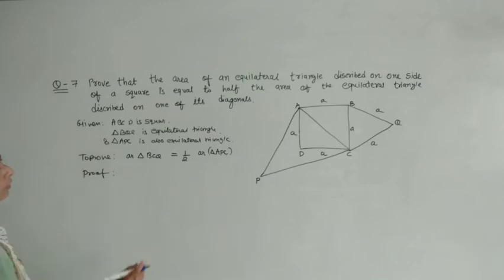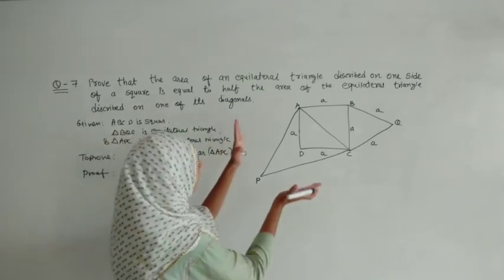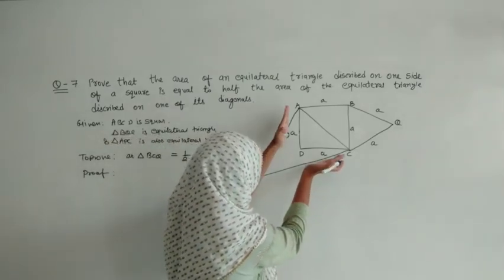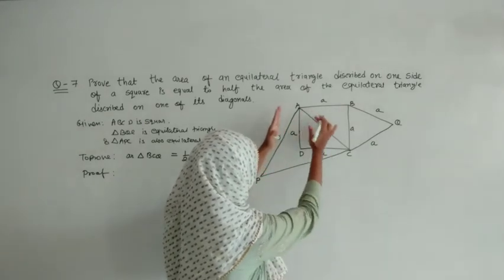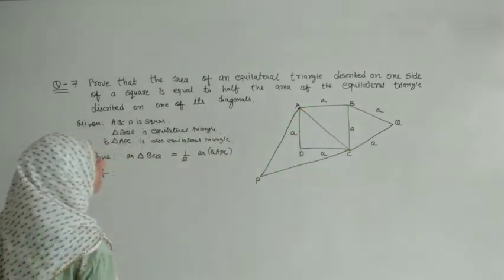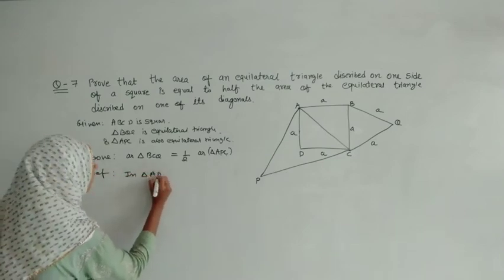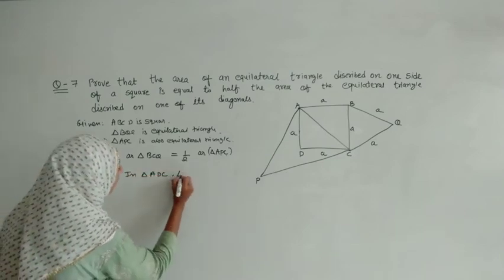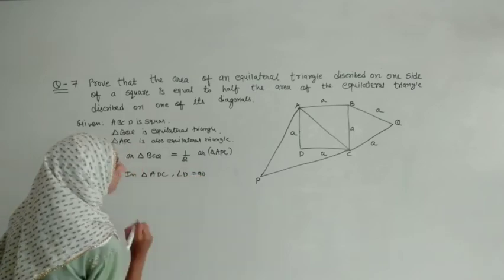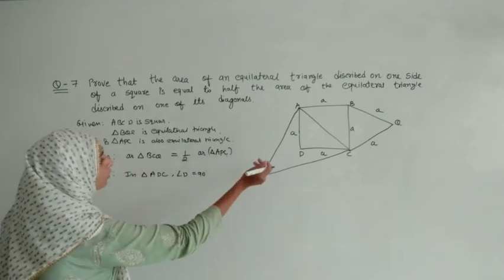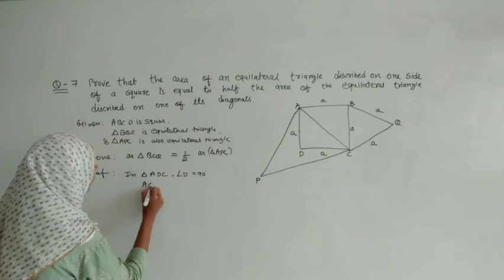In the proof, first we will take this square and find that diagonal AC. Let us write: in triangle ADC, angle D is equal to 90 degrees, and we have two sides, so we will apply the Pythagoras theorem to find AC.